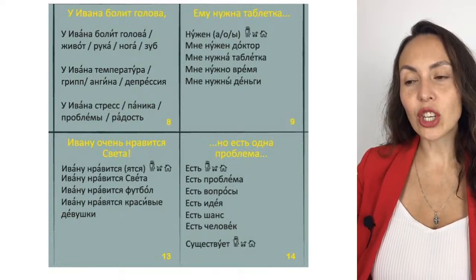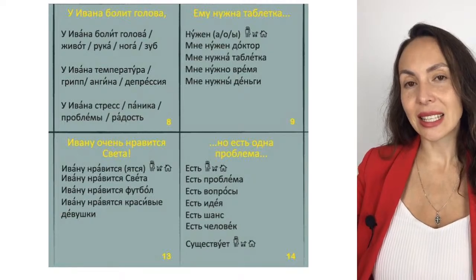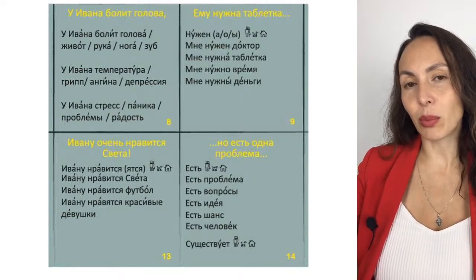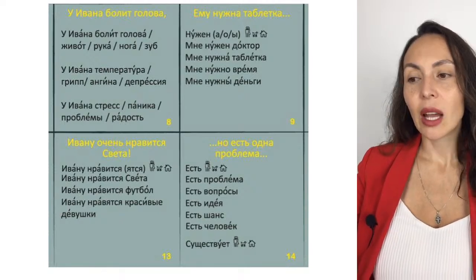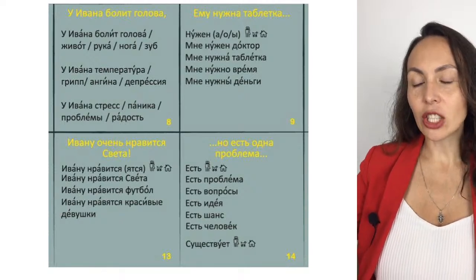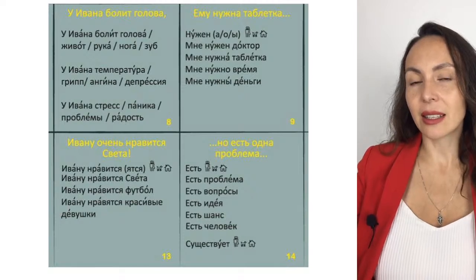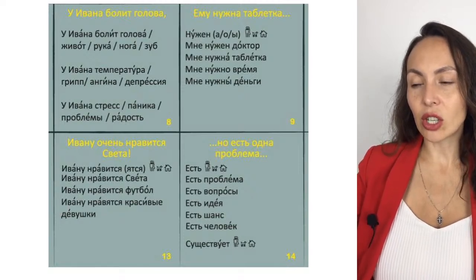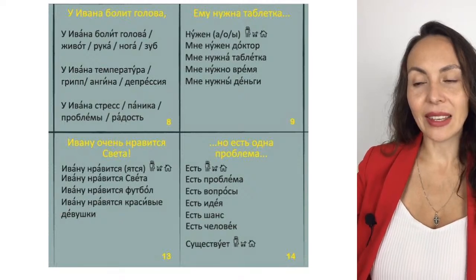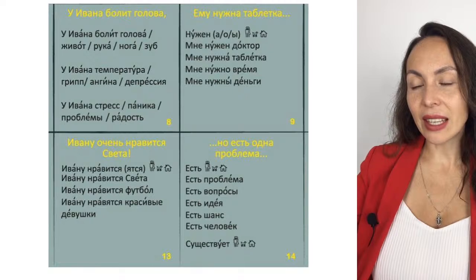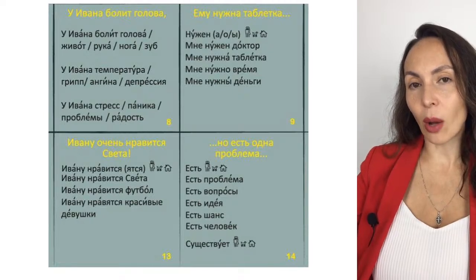the situation, the episode number 13. Ивану очень нравится Света. A very simple situation. Ивану очень нравится Света. What in English is he likes her. In Russian it's ему нравится Света. And Света here is the nominative form.